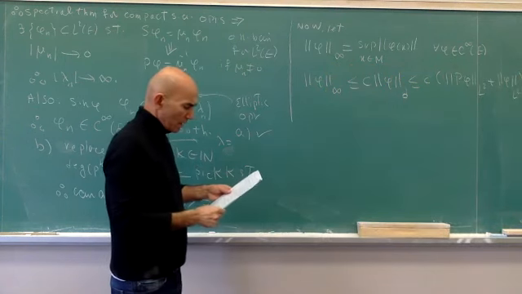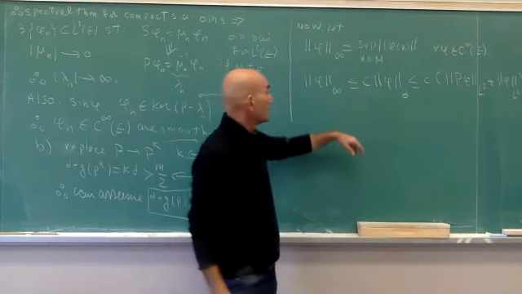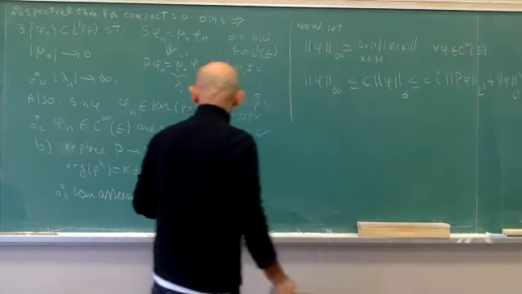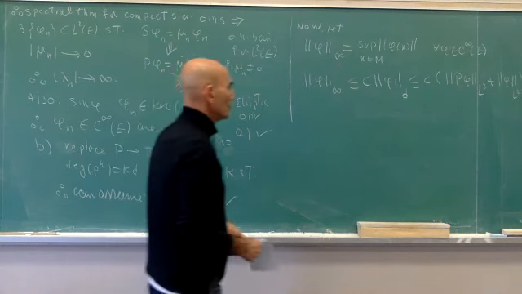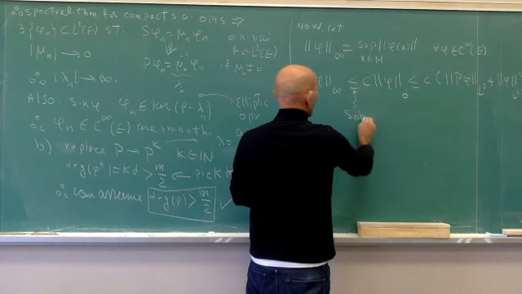Okay, so now this part is the Sobolev lemma. That's why I needed this degree to be bigger than m over 2. So this is the Sobolev lemma.